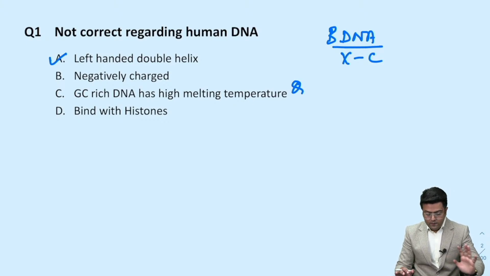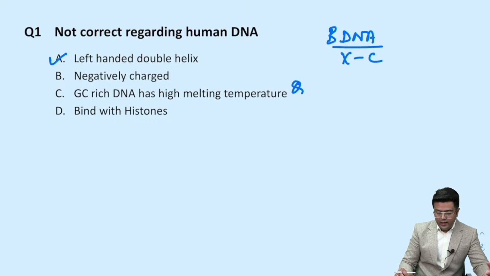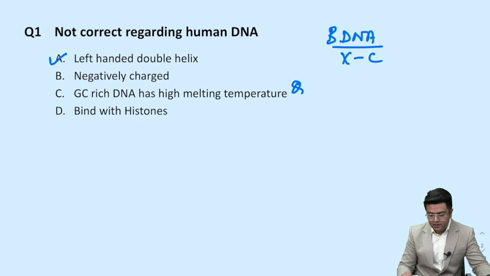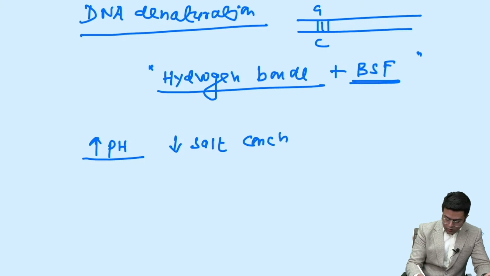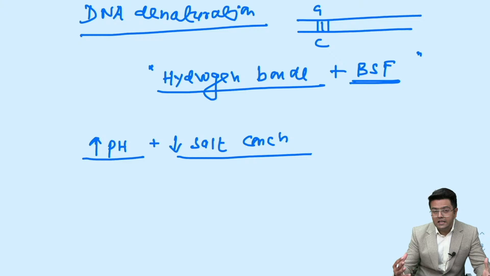So GC-rich DNA. How else can you increase the denaturation of the DNA? Guys, denaturation can be increased by increasing the pH of the solution and decreasing the salt concentration. Why? Because salt conceals the phosphates and prevents the repulsion between the negative charges.